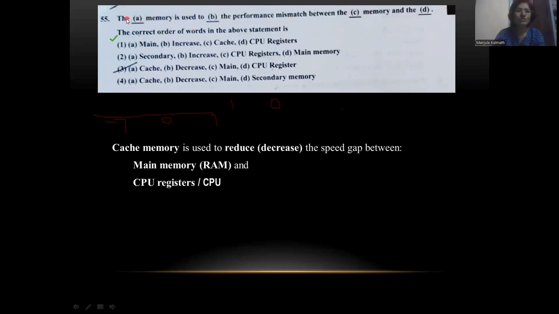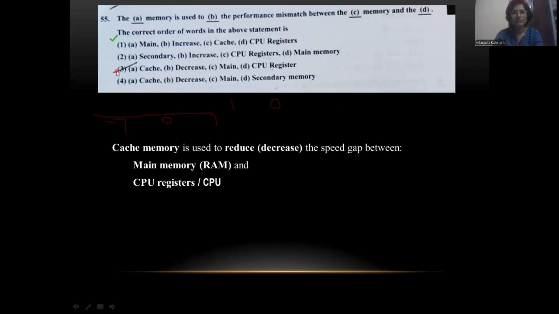So the A memory is used to be. A memory is used to be means here we have a type of memory used to increase or decrease the performance mismatch between the cache memory, main memory as well as the CPU register.